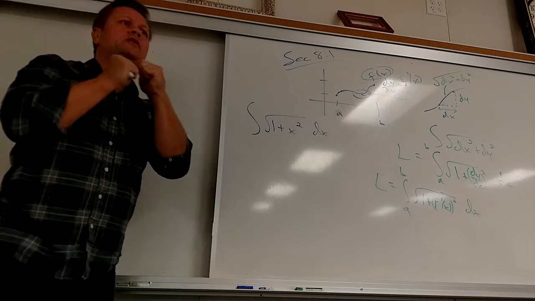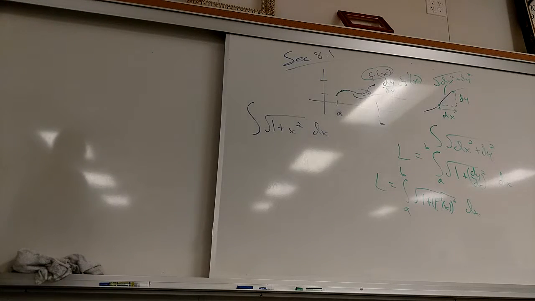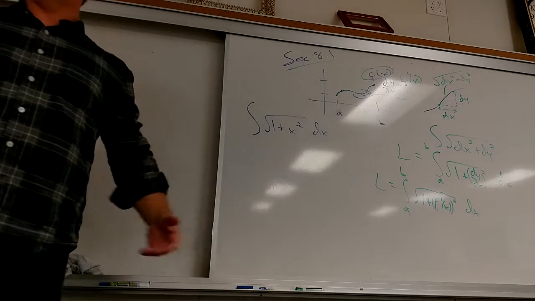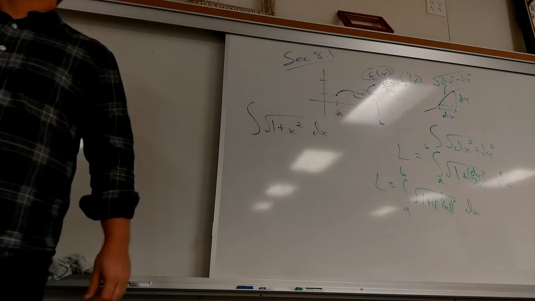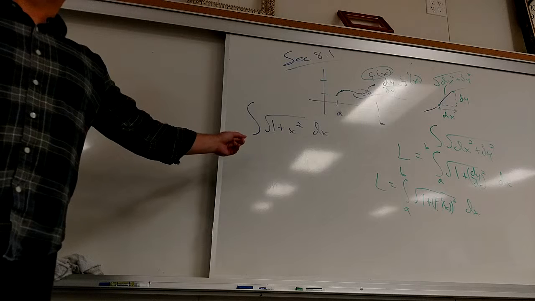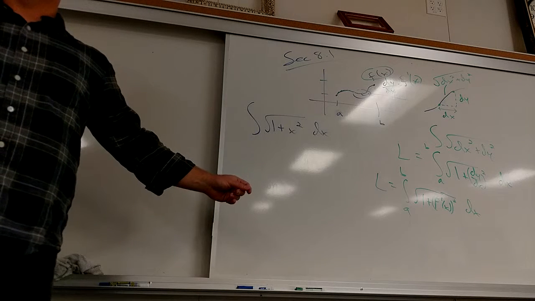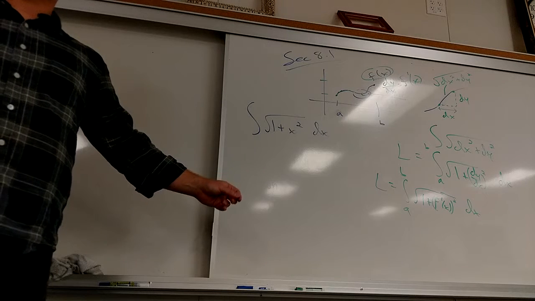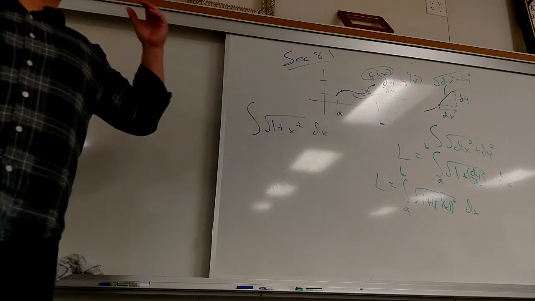Can anybody tell me what's missing? Think about it. What would you want to use here? What method would you want to use? U sub. What would u be? What would du be? 2x dx. So what are you missing? An x.